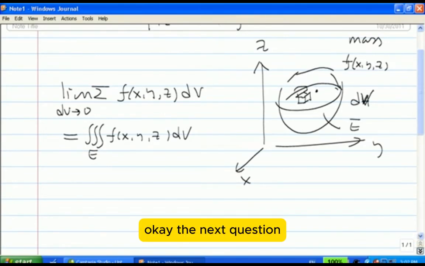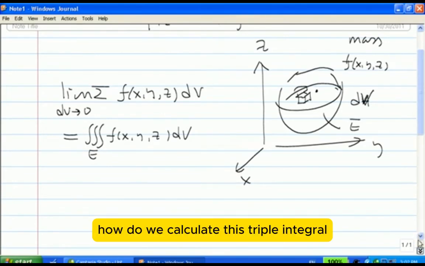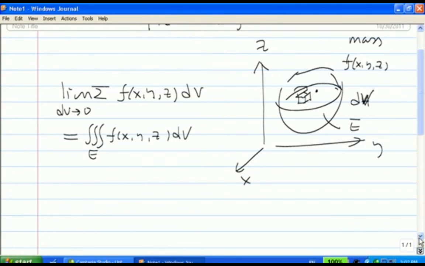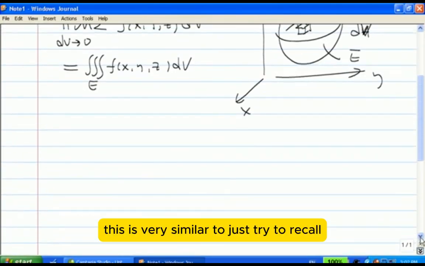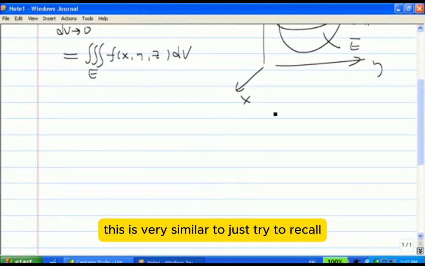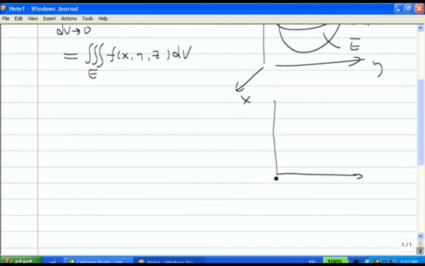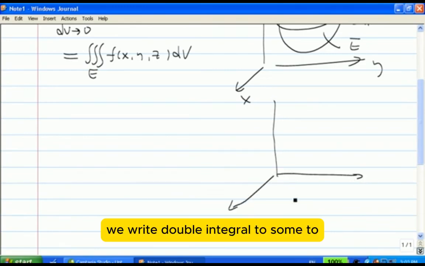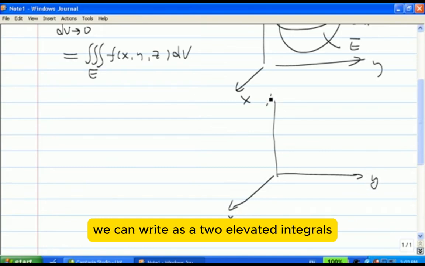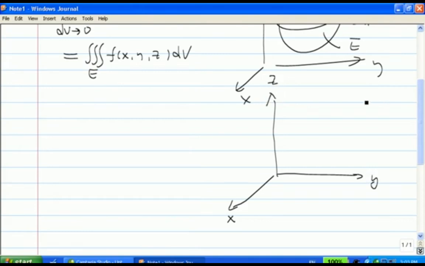The next question: how do we calculate this triple integral? This is very similar to, just try to recall, how we find the double integral. We write a double integral as two iterated integrals. Same thing here.